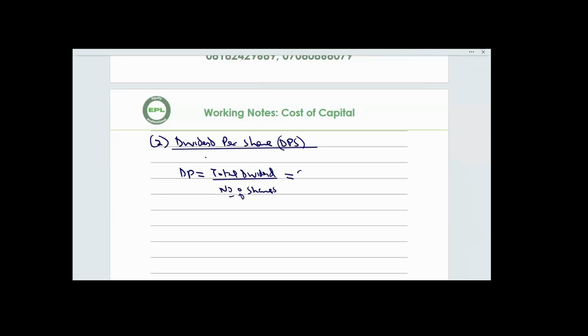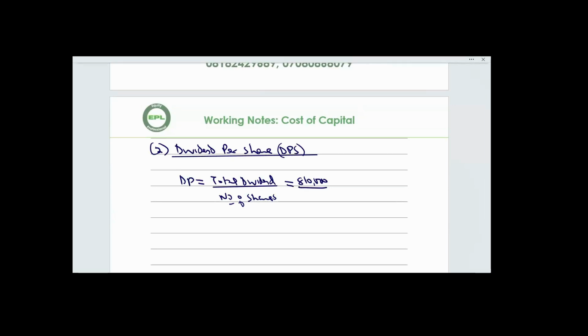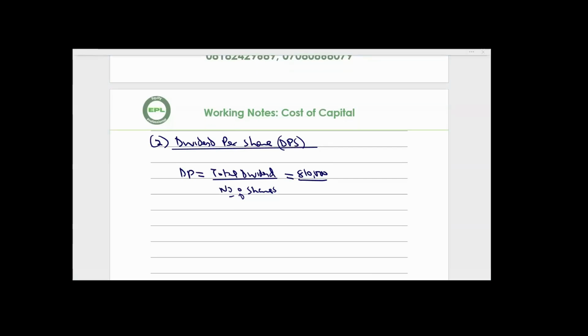Total dividend is 810,000. Number of shares, according to the question, let's check. What's the number of shares in the balance sheet? So we are given 3 million shares.